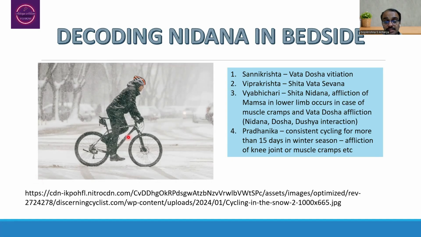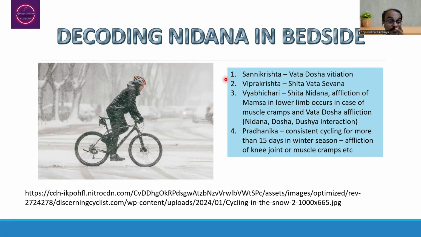When you think about the first set of classification, that is Sannikrishta, Viprakrishta, Vyabhichari and Pradhanika, in that particular situation, as Sannikrishta Nidana, we are going to say there may be a possibility of Vata dosha vitiation because the whole body is being exposed to the Shita Vata itself, cold air.